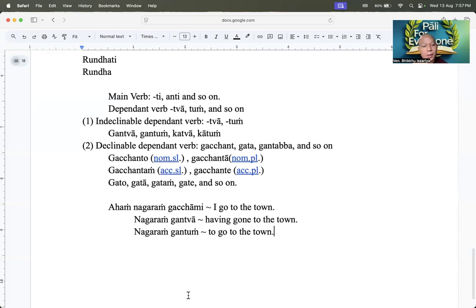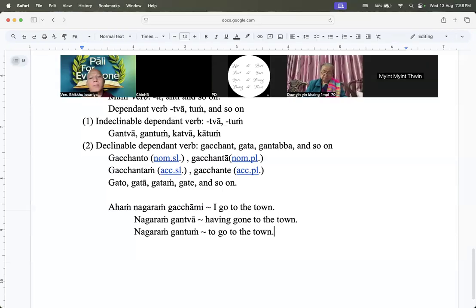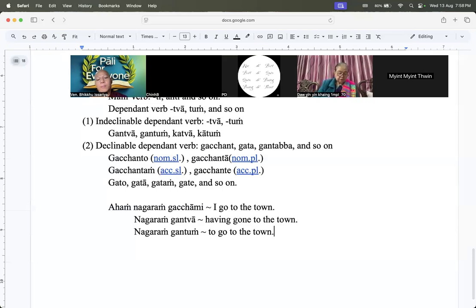Is there any question? Excuse me, Bhante. What should we do with the somewhat rarer verb forms like Hiyattani, Parokkha, Kalatipatti, and so-called Attanopada, Parassapada?